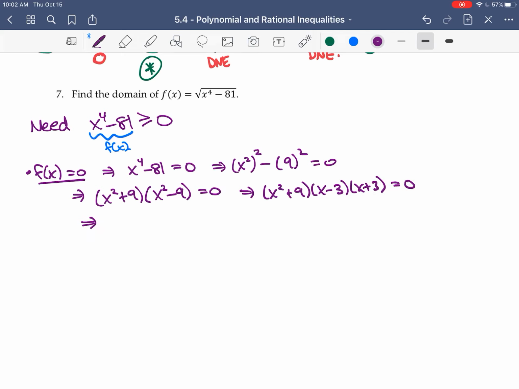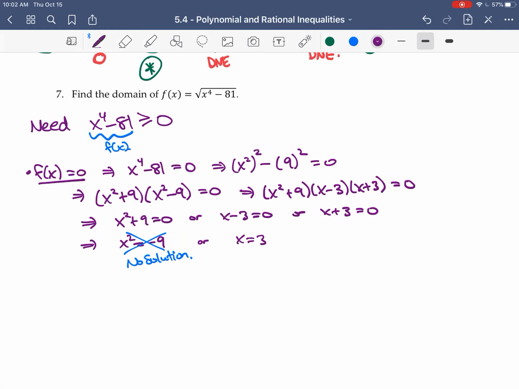Okay, so that's going to be 0 when one of these factors is 0. Okay, now x squared plus 9, if you move the 9 over, is x squared equals minus 9. Okay, that has no solutions. The square is always positive, so we can never get a negative number. Okay, so the only places where we equal 0 is going to be negative 3 and positive 3.